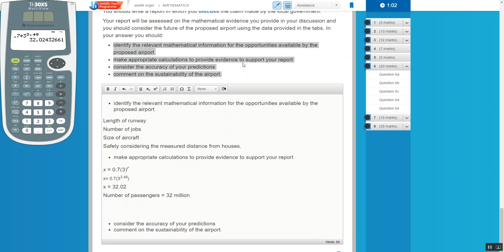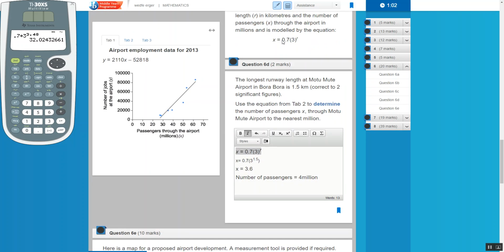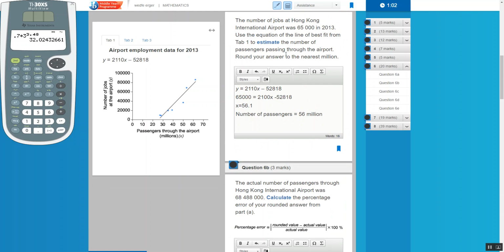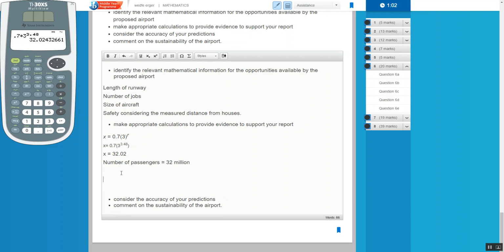We could also use the information that they gave, that there's 18,000 jobs. And I will use the other formula that they gave us. So I'm using the information that they've given us. And they say there's 18,000.